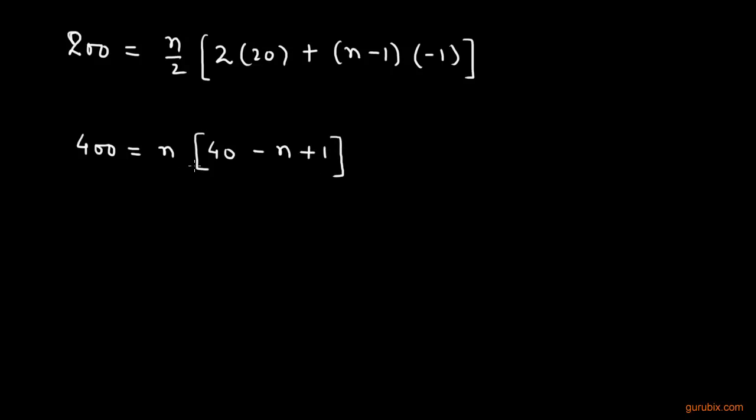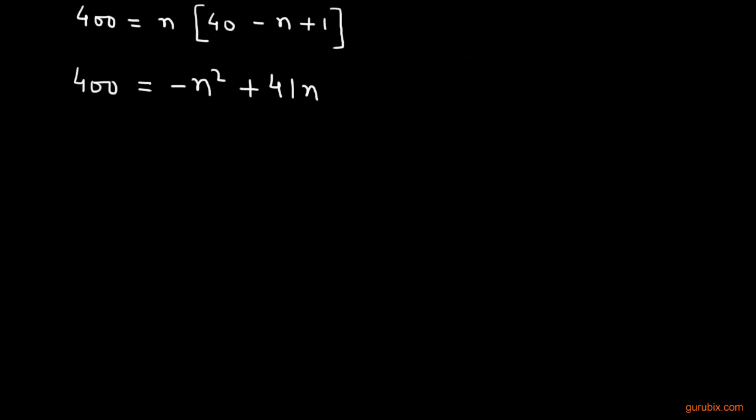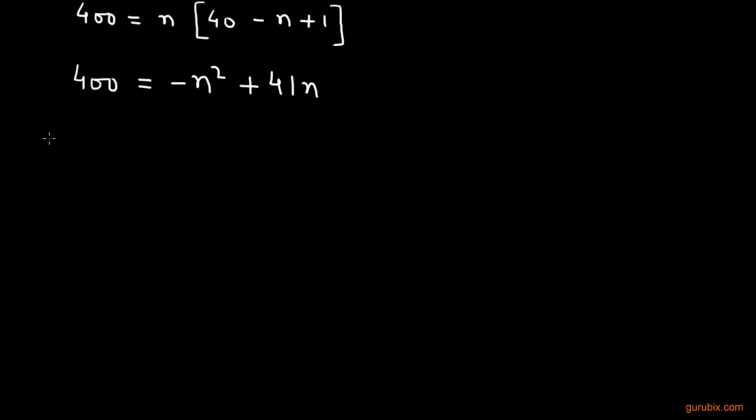Now we multiply this n with the values in the bracket to get minus n square plus 41n. And what do we observe now? We observe that this is a quadratic equation: n square minus 41n plus 400 equals 0.